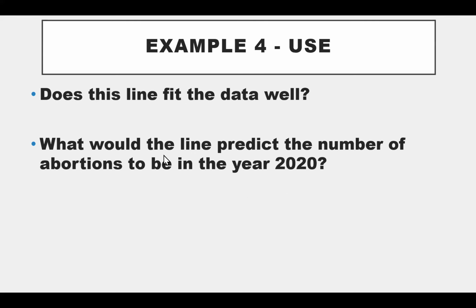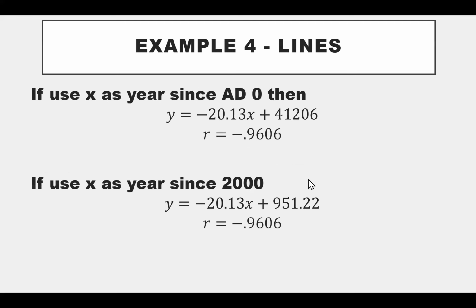And then we can use this line to do a prediction of the number of abortions in the year 2020. What I'm going to do is I'm going to use both lines and see how the calculations turn out.